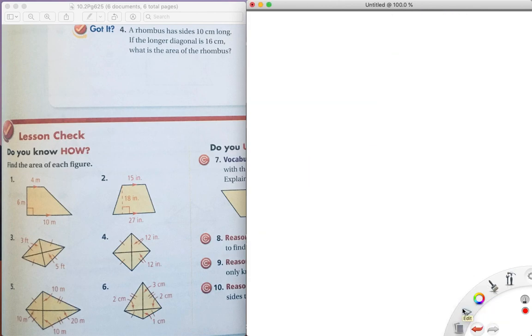For number 3, they give us a rhombus. They say that this is 3. They say that this is 5.